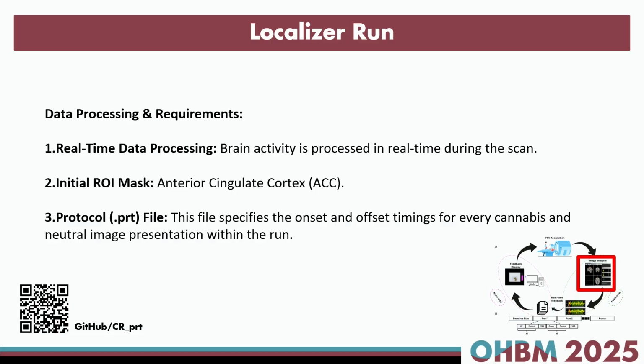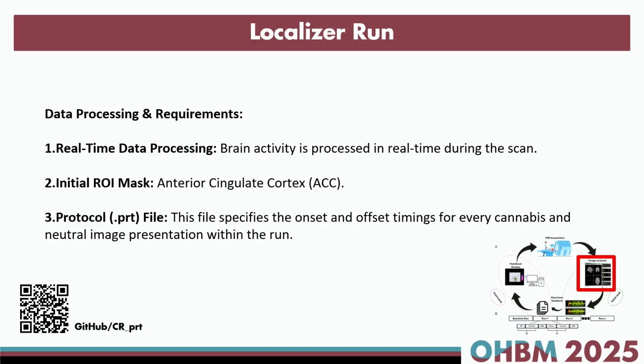The protocol file has the timing of every block in that cue-reactivity task. You need to define for Turbo Brain Voyager what's happening inside. You're saying, okay, I have, let's say, 400 volumes, but you also need to mention that within these 400 volumes, from what second to what second is related to cannabis cues or neutral cues.